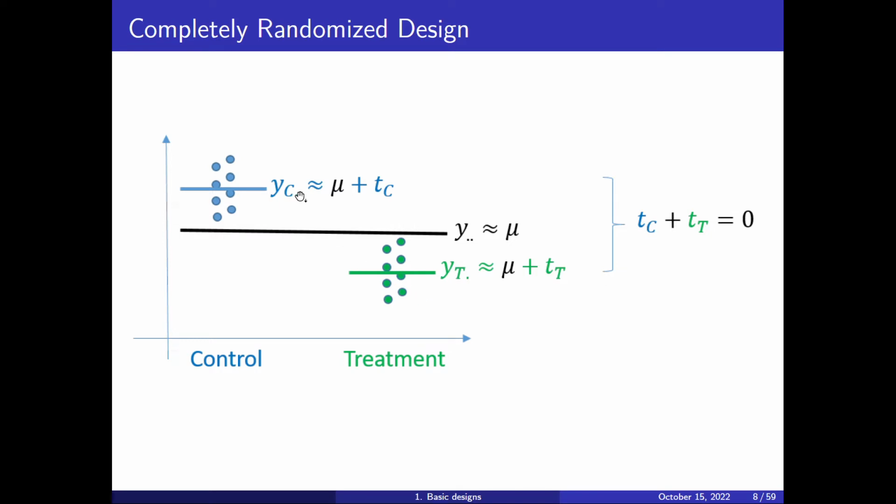So the overall mean is 15, and this 15 has an extra positive value if you are in the control, because you haven't received anything, and then you are at 16, but then a -1 if you are in the treatment group.